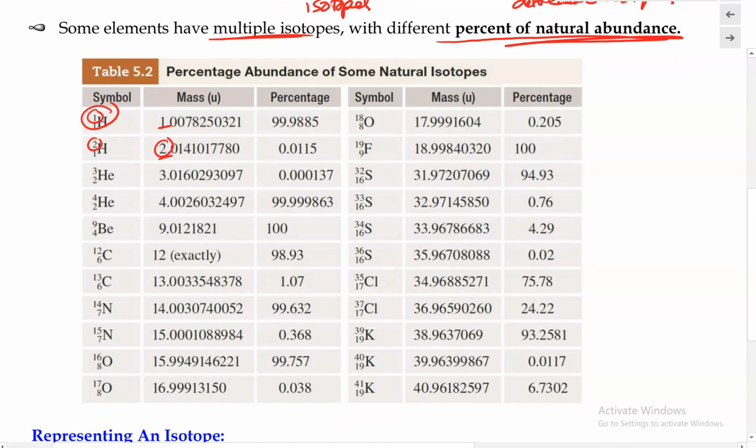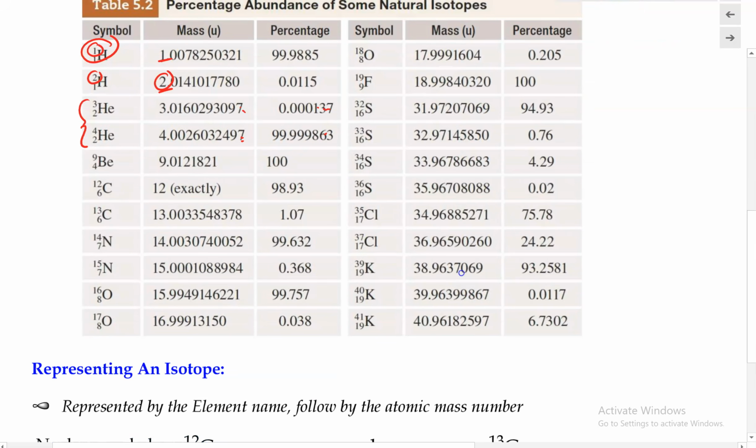Versus for helium, helium also has two common isotopes, and these are the masses of the two isotopes and the percentages of abundance. And as for carbon, as we have seen already, carbon has two common isotopes. One is carbon 12, which has a mass equal to exactly 12 and is 98.92% abundant.